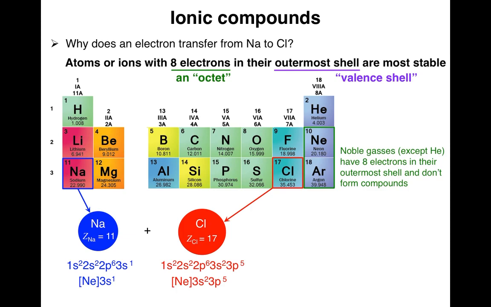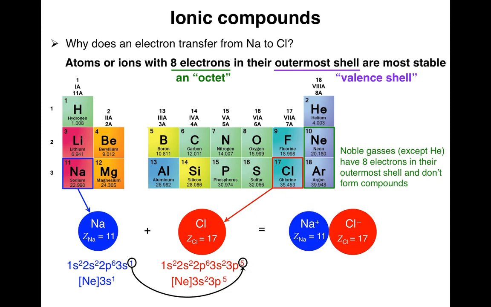If sodium donates its only electron in the third shell to chlorine, forming a sodium plus cation, then its outermost shell that has any electrons will be the second, with a total of 8 electrons. When chlorine accepts the electron from sodium, it will form a chloride minus anion.